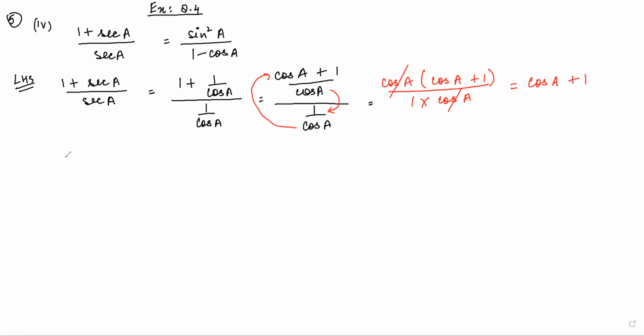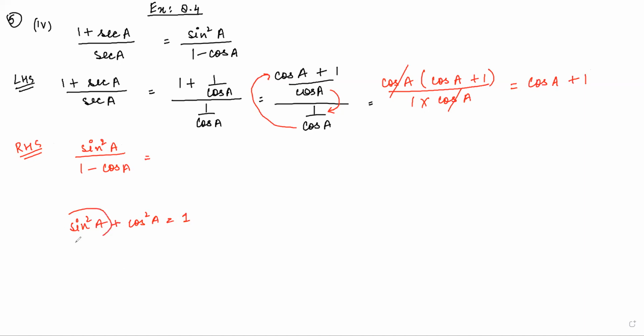So let us simplify the RHS now. RHS is sine square A divided by 1 minus cos A, right? Whenever you have sine square or cos square, always think of the first identity. Now, what is the first identity, Abdullah? Sine square A plus cos square A is equal to 1, right, Sarah? Yes, ma'am.